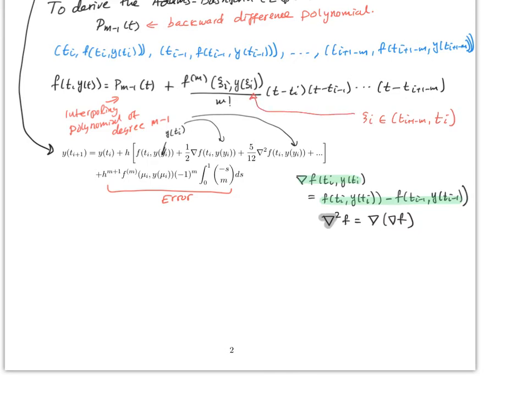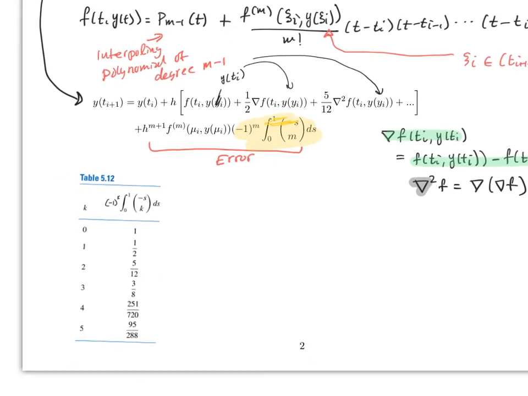Now, the last part here is when you want to find the error, you usually have to evaluate this part, which is not hard to evaluate, but it can be pretty annoying to evaluate this integral. So therefore, there is a table that you can just use to figure out what those values are.